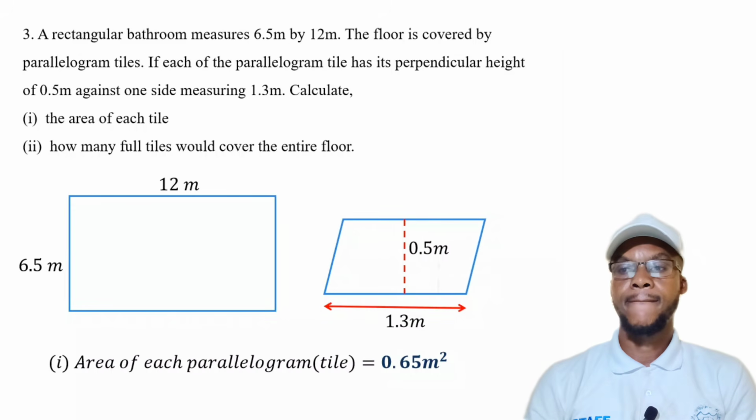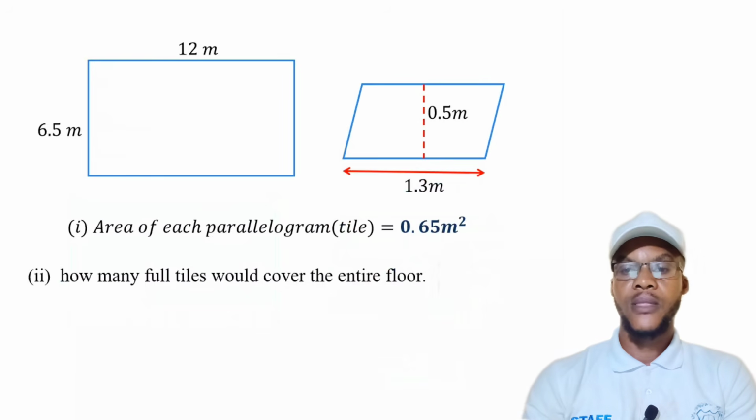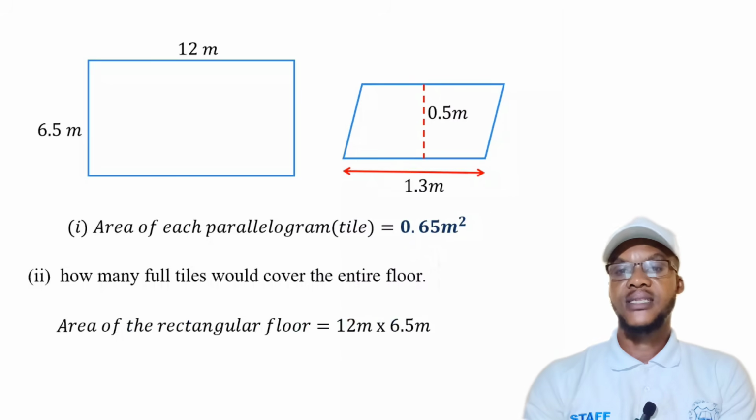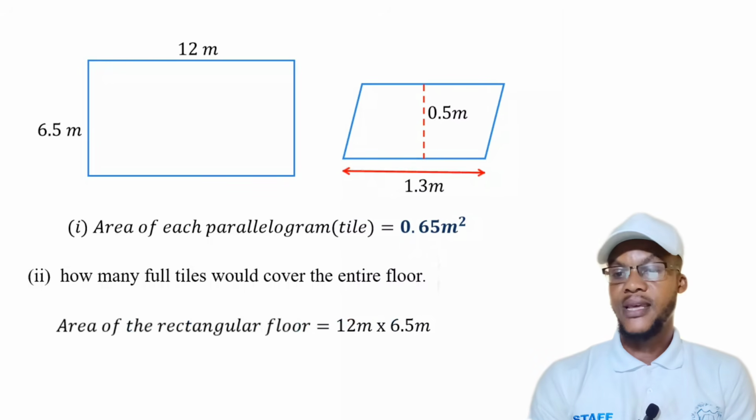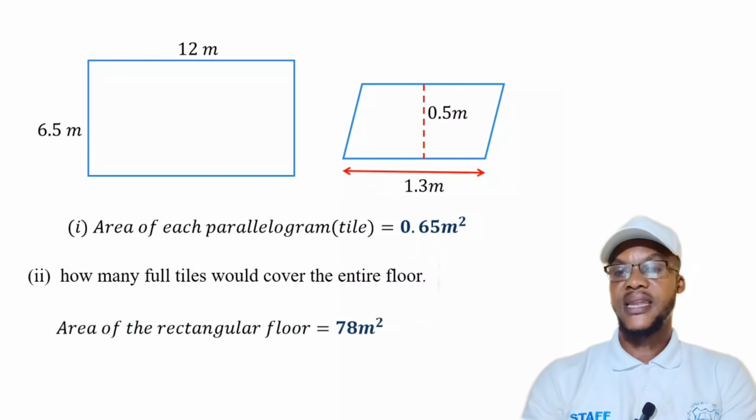So let's find the area of the rectangle. For the area of the rectangle, you multiply the length by the width, and if you multiply the two, we get 78 meters squared.